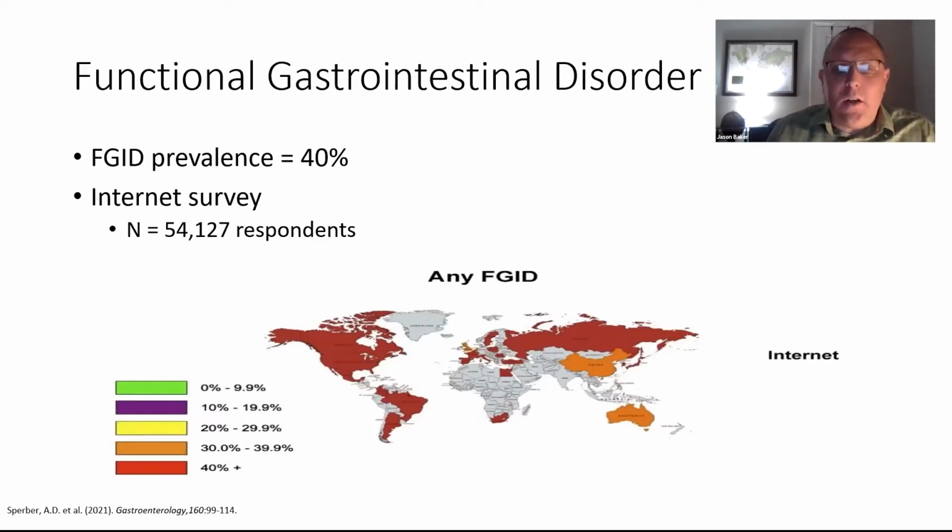And if you look at the burgundy areas, these are people within the respondents that indicated they at least experience one functional GI disorder symptom. So it's amazing how many people experience this and how limited the number of labs we actually have in the US.